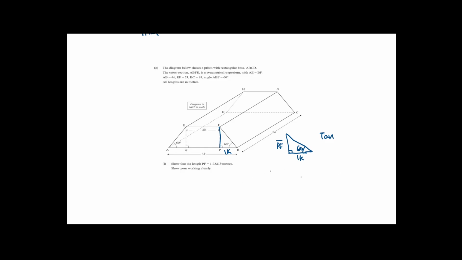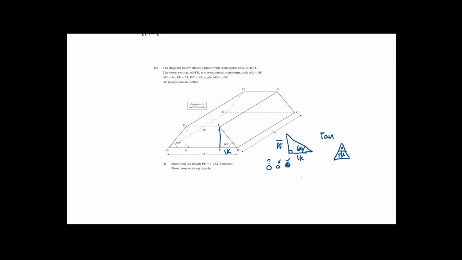So the opposite side is what we're looking for. We've got the adjacent side. We've got the theta angle. Opposite and adjacent, I'm going to use tan. So it's that little triangle, and I'm looking for the opposite side.